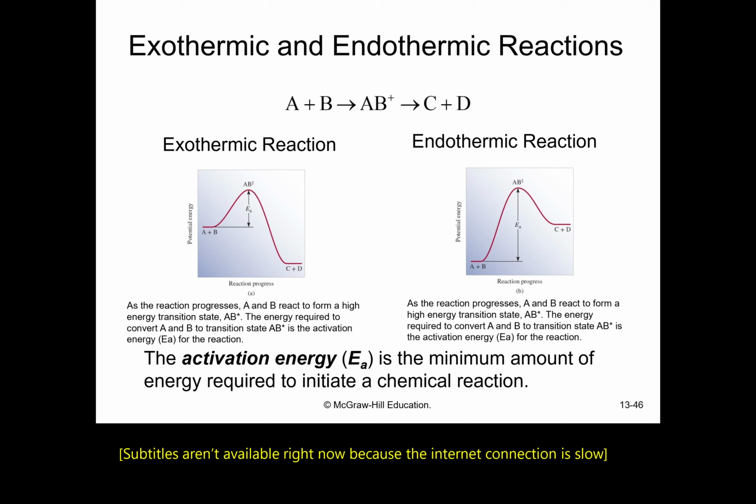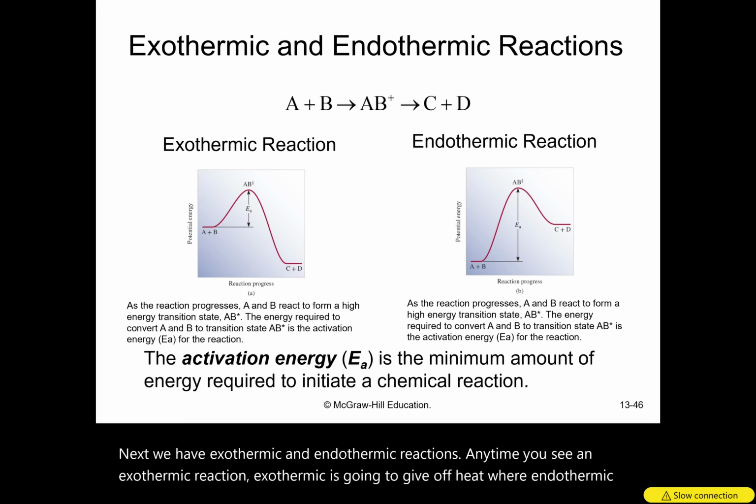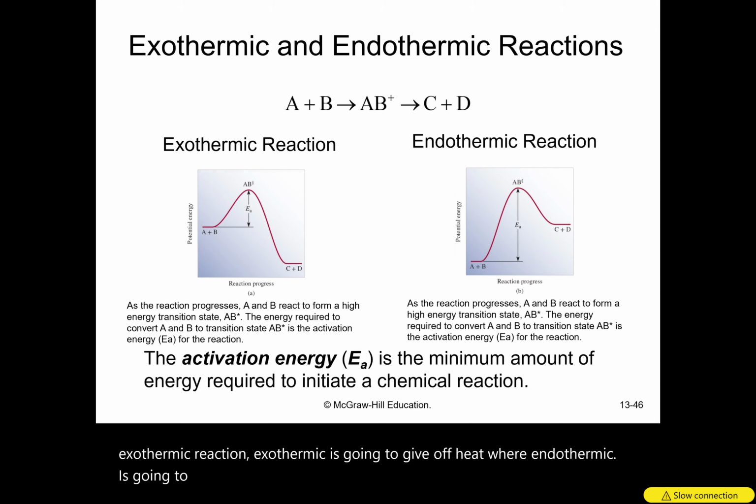Next we have exothermic and endothermic reactions. Anytime you see an exothermic reaction, exothermic is going to give off heat, whereas endothermic is going to absorb heat. For the exothermic reaction, it's going to give off heat, right?